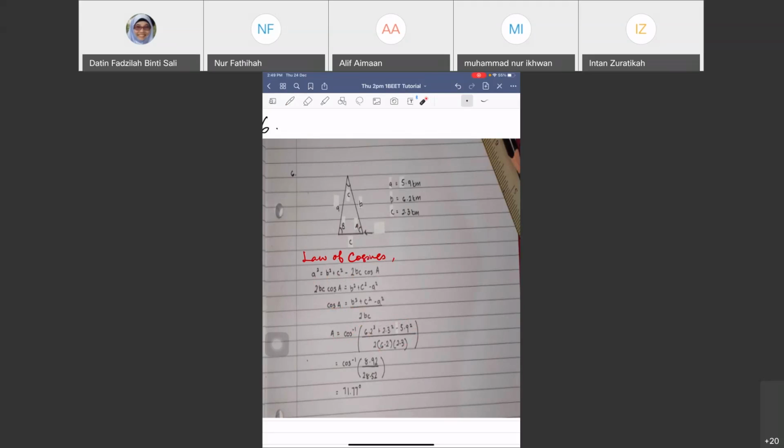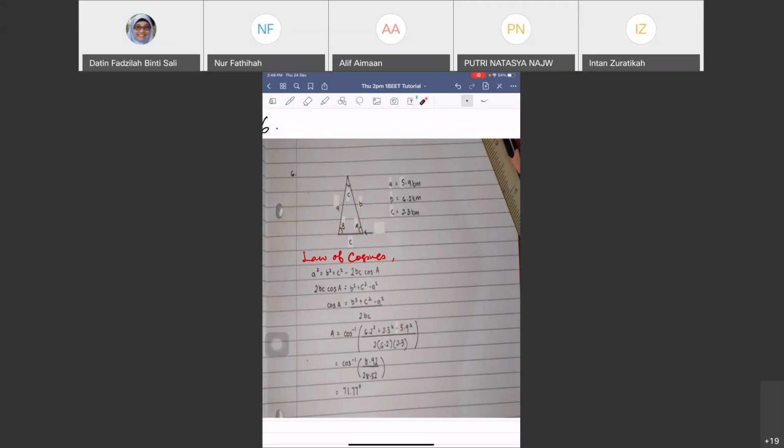This is quite straightforward because these are all given. Substitute all three legs into the formula, and make sure it's correct. You cannot just simply substitute. The formula is a squared equals this squared plus this squared minus 2 times this times cosine of this.